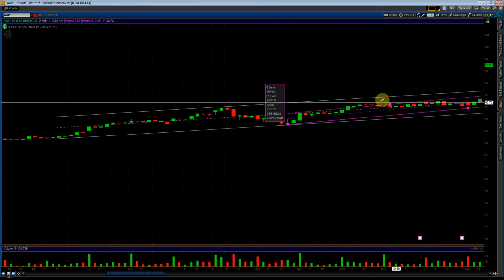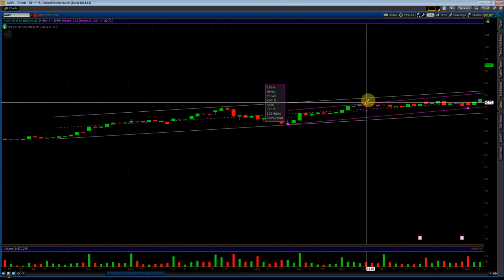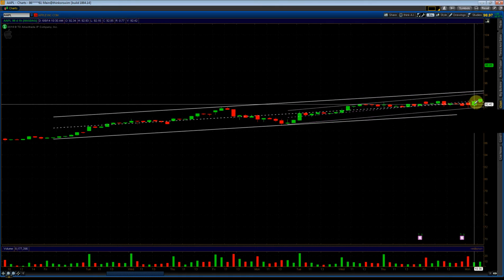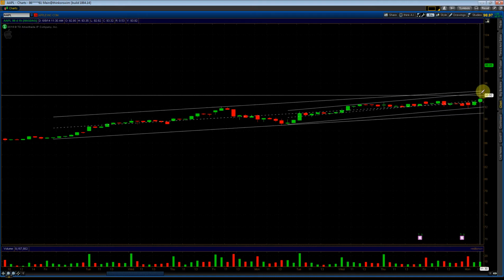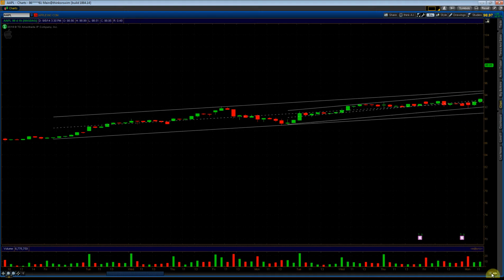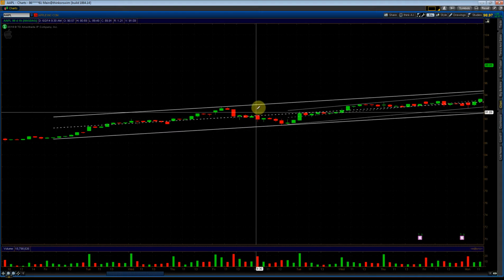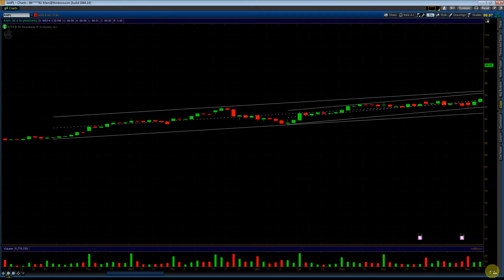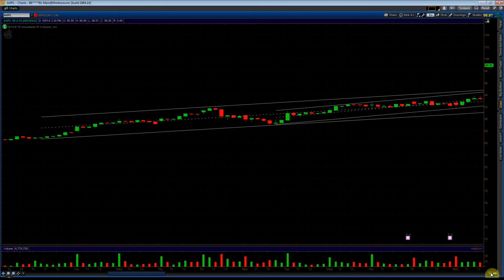In fact, on that move up, this candle here could give me another buy for something that would be in the money by $94. Now notice I'm still within that other channel, so it's going to have to stay there until it's broken.